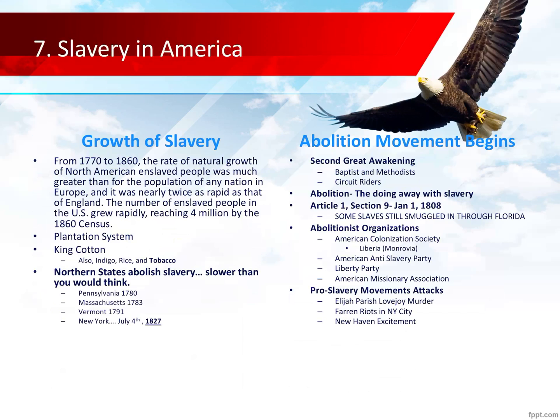You have in the Western frontier Baptist and Methodist preachers going from place to place, and they would have what was called a circuit. Now this circuit, they would literally have church every place along their route, and then they would repeat this route over and over again.